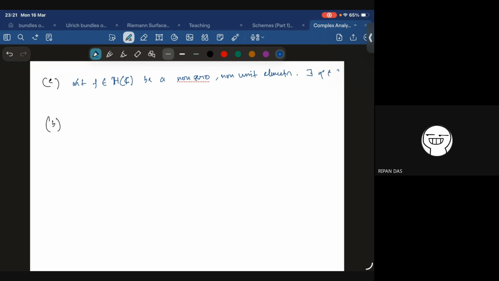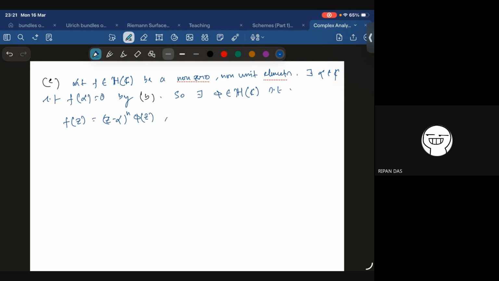There exists alpha in C such that, if alpha is 0, this is by B. So there exists phi in H(C) such that f(z) equals (z minus alpha) to the power n times phi(z), for n a natural number and phi(alpha) not equal to 0.